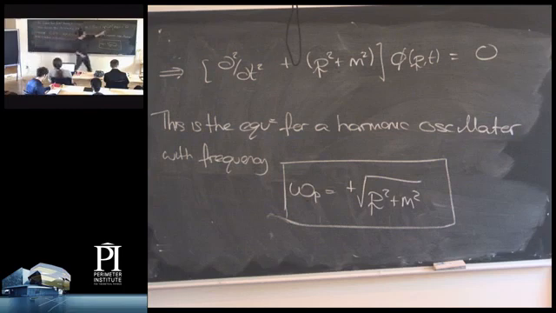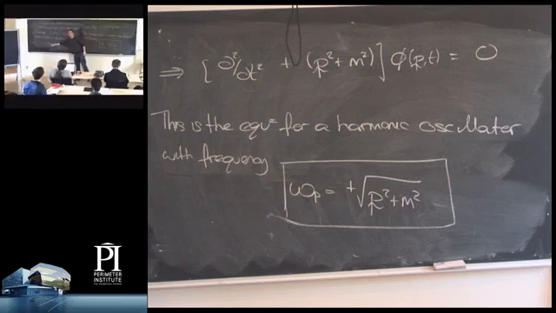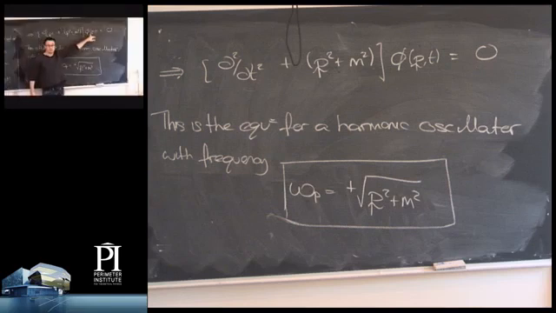The degrees of freedom which vary independently and don't couple to anything else are the Fourier modes phi of p. Each of these modes oscillates at some frequency given by this. You add them all together and you get the general solution phi of x. This is what I meant earlier: from the infinite number of degrees of freedom, if we figure out the right coordinates, we see that they actually evolve independently. These are the right coordinates.